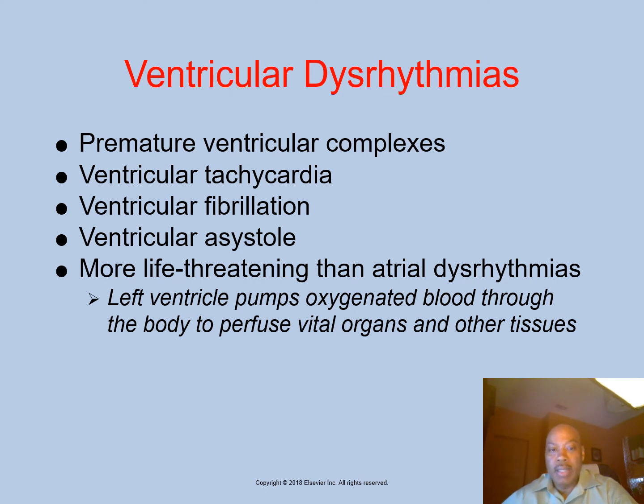These are more life-threatening than your atrial rhythms, because the left ventricle, remember, pumps oxygenated blood throughout the body to perfuse vital organs and tissues. So when the ventricles are sick, you got a major problem.